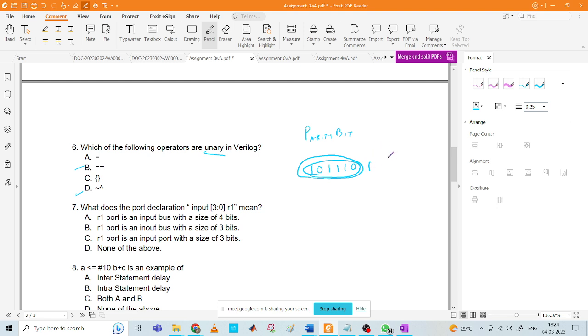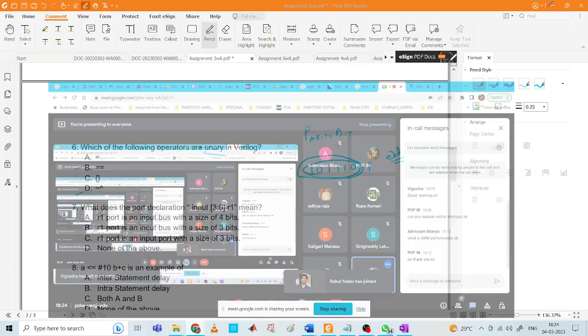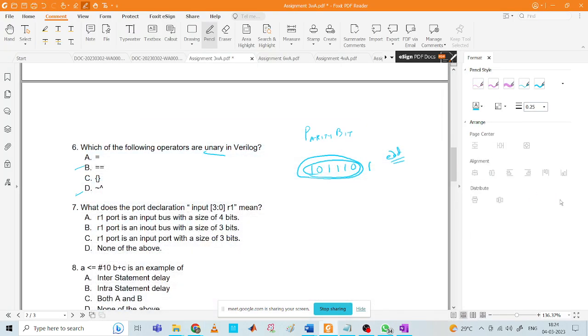It depends whether it is odd parity or even parity, that is a different case, but you can generate an odd parity or even parity. So this is a very useful operation to generate one parity bit.